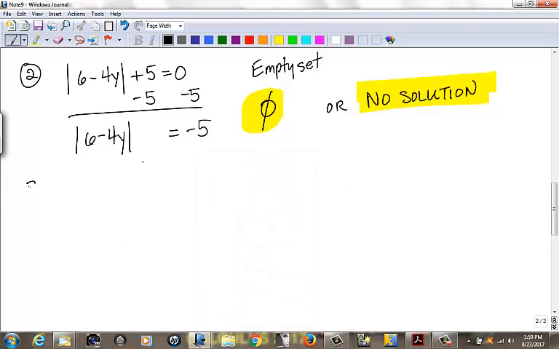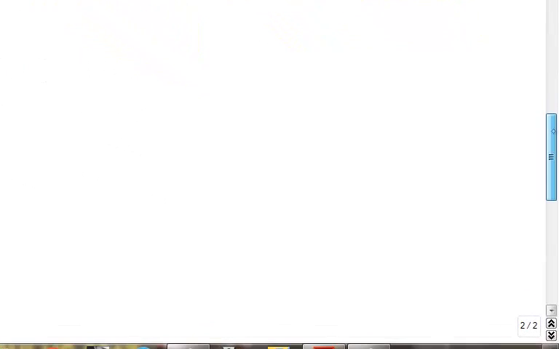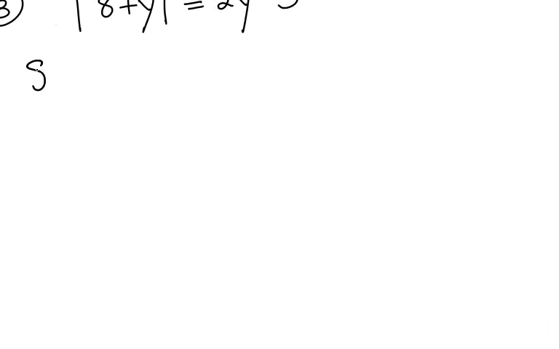Another example. Absolute value of 8 plus y equals 2y minus 3. You need two cases. You can't combine like terms yet, because one is in the absolute value. So you take what's inside the absolute value and set it equal to the other part.